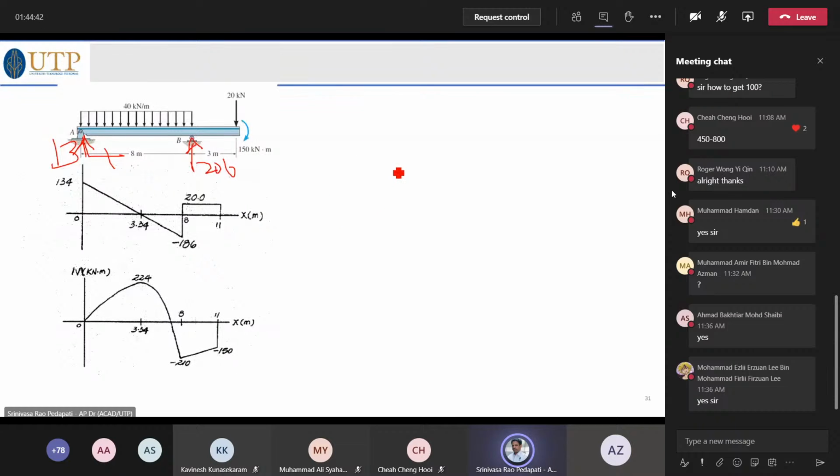If you take the section here, sigma V is equal to nothing but 20 kilonewton. That is acting downwards, which is positive in our case.